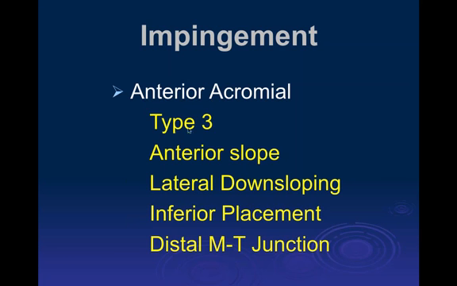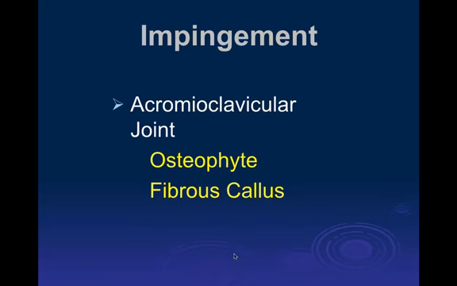We'll talk about that in a minute. You can also have anterior sloping of the acromion, abnormal lateral downsloping, inferior placement of the acromion with respect to the distal clavicle, and you can also get impingement not so much due to abnormalities of the bone, but abnormalities of the tendon and muscle junction, which we'll talk about.